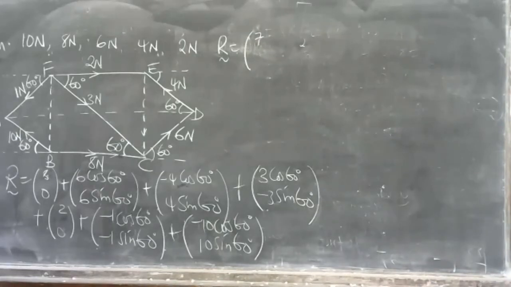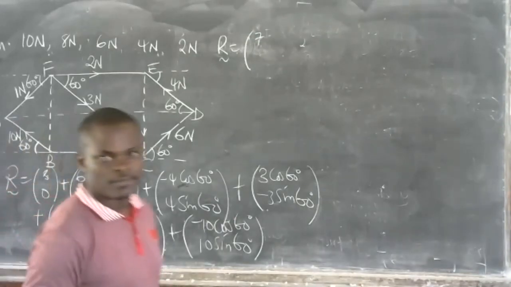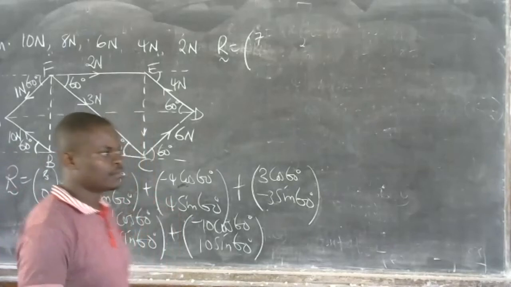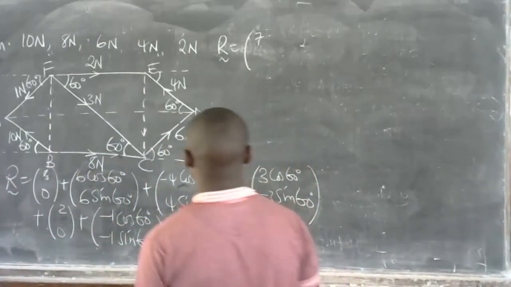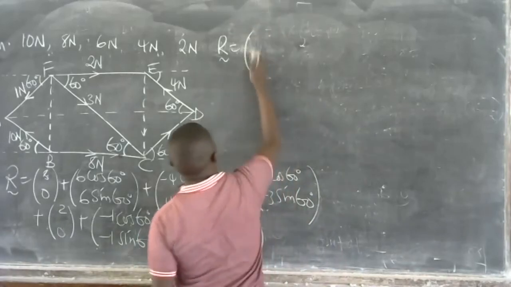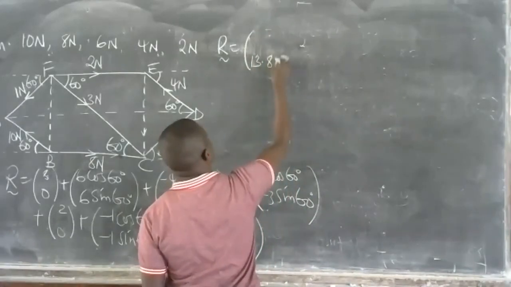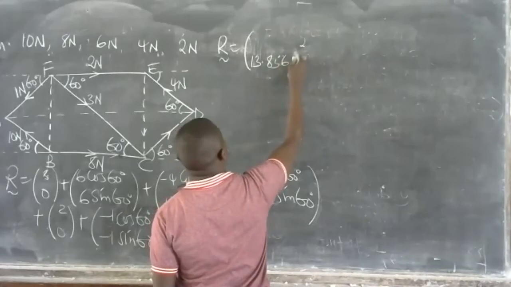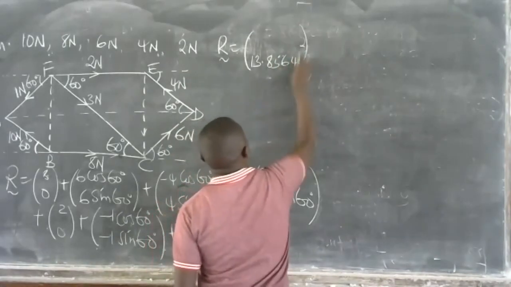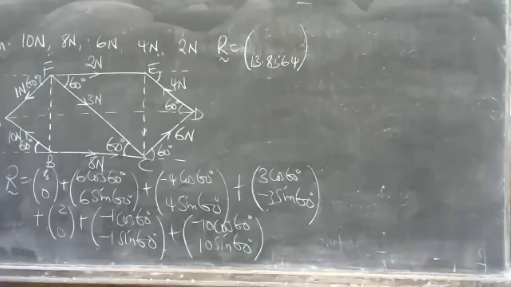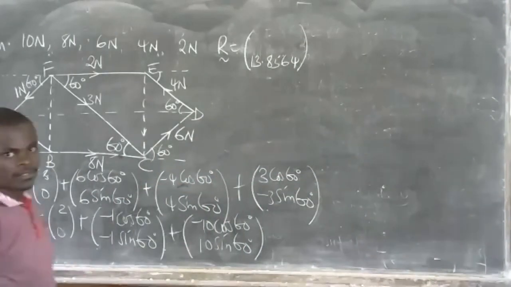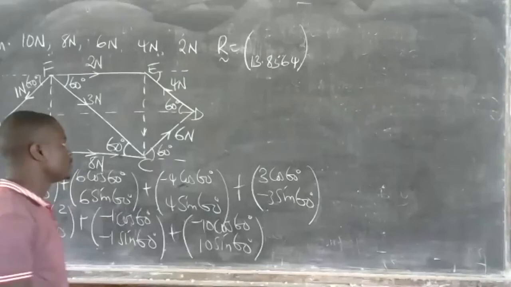Someone put your answer in the chat. For Y it is 13.8564. Thank you. Then X is? 7. Really?